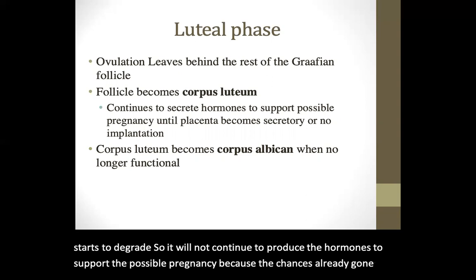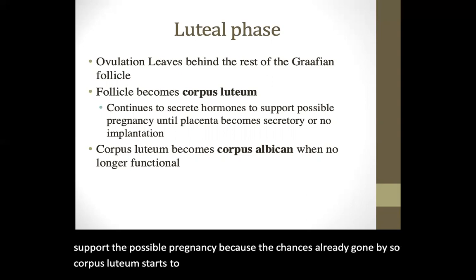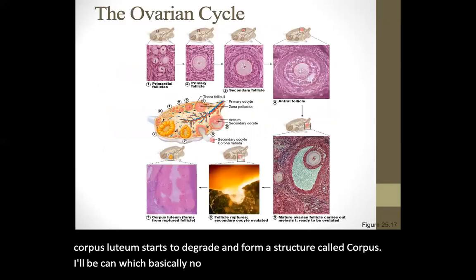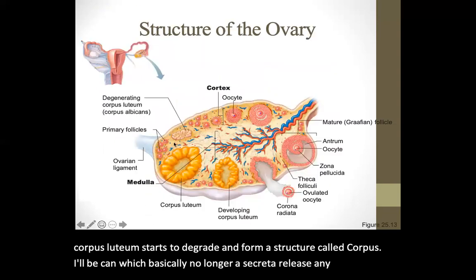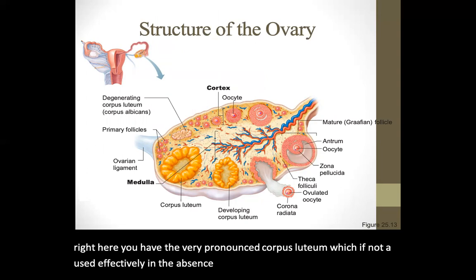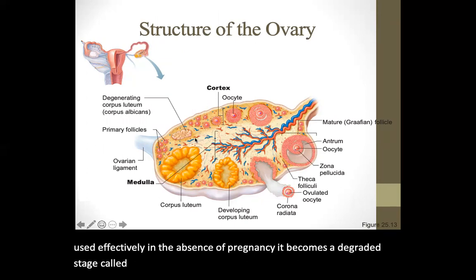So the corpus luteum starts to degrade and form a structure called the corpus albicans, which basically no longer secretes or releases any hormones. So right here you have the very pronounced corpus luteum, which, if not used effectively in the absence of pregnancy, becomes a degraded stage called the corpus albicans.